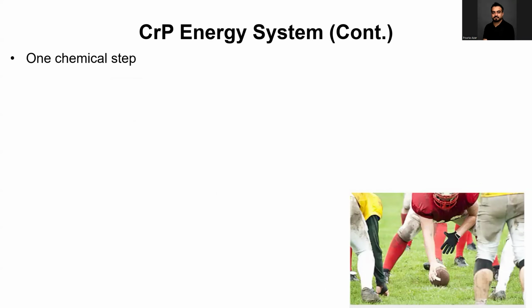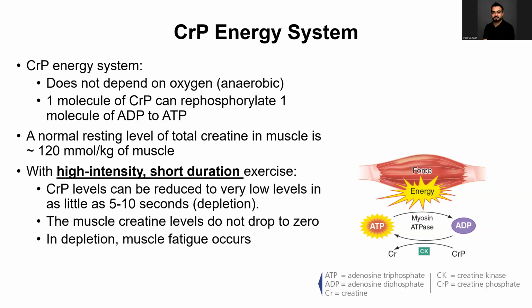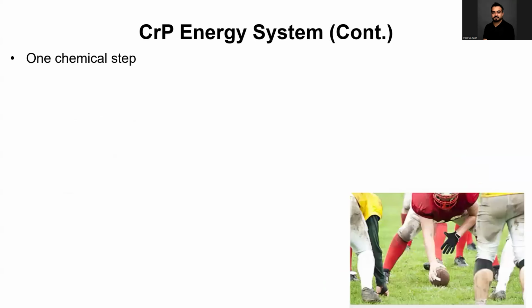So here's a summary of the creatine phosphate energy system. It is one chemical step, just like here. We have creatine phosphate plus ADP, which leads to creatine plus ATP. So it's just one chemical step.